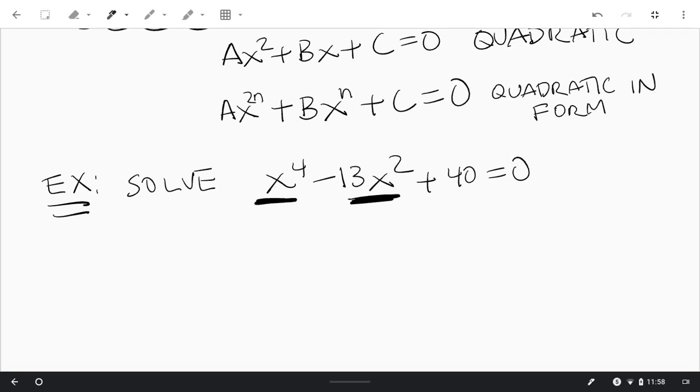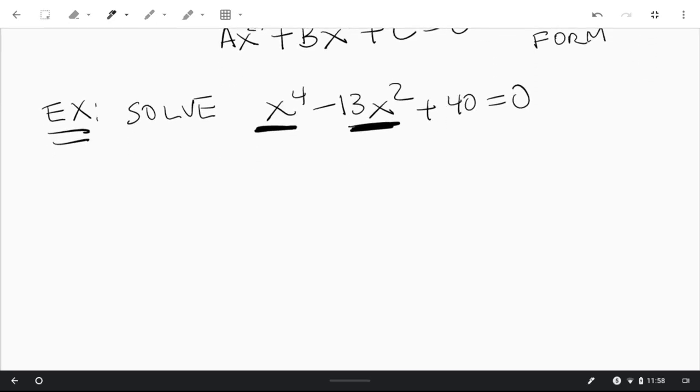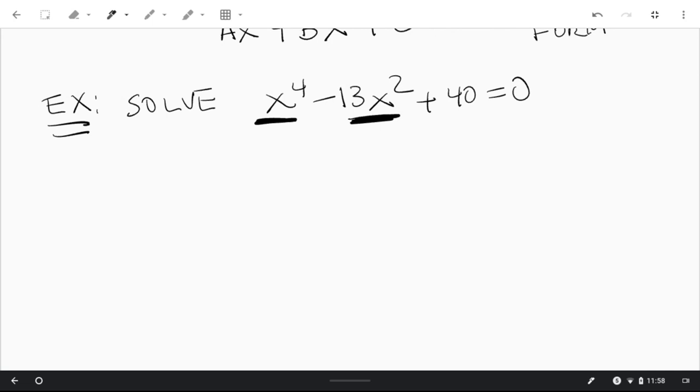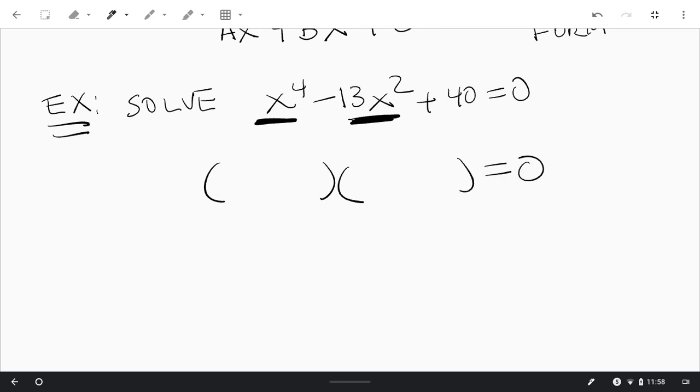Okay, so when you have that, then you could treat this like a quadratic, and you could use those 3 methods for solving a quadratic for this one. So let's go ahead and use factoring. But instead of using x times x, because x times x makes x squared, here we need to make x to the 4th, so we're going to do x squared times x squared.